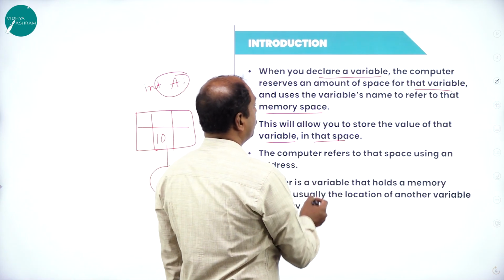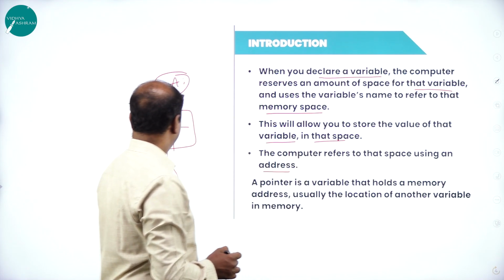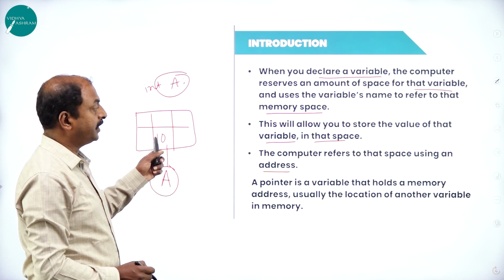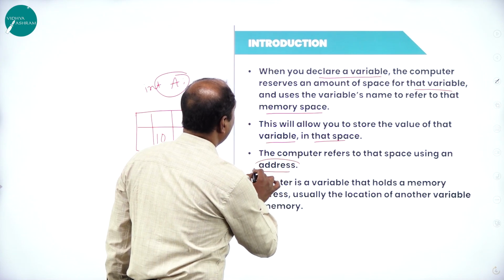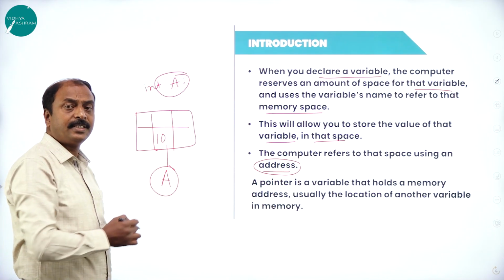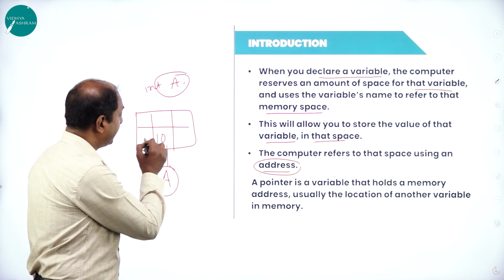Now the computer refers to that space using an address. Here the name is for our reference, but as far as the computer is concerned, it uses the concept of address. Each and every cell has an address that is called a memory address or cell address.